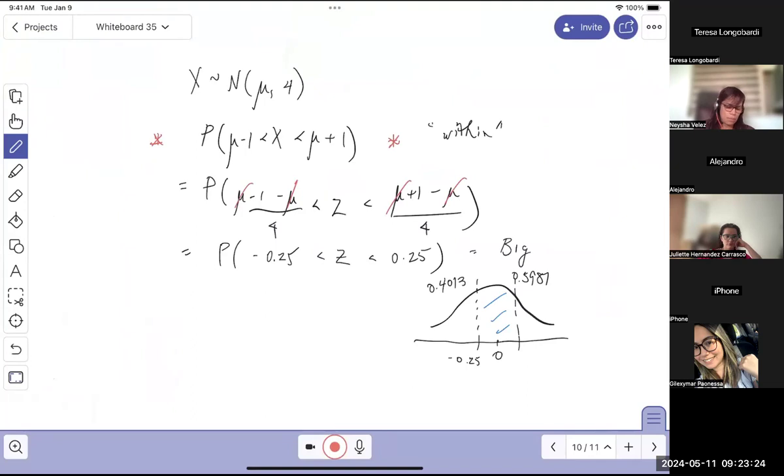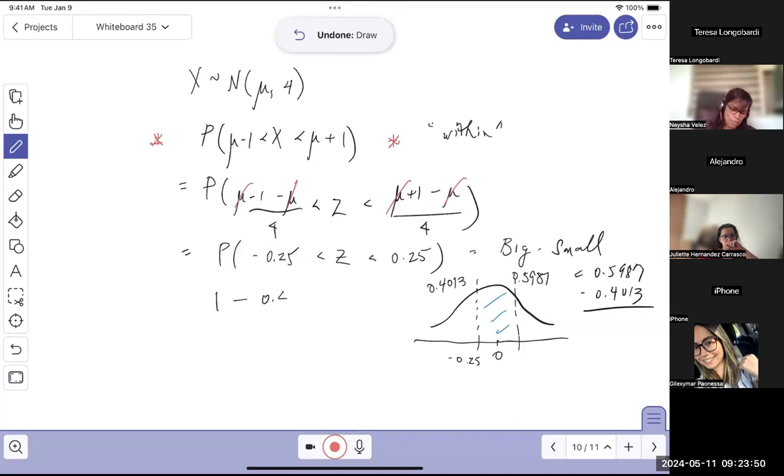You do big minus small. You get the difference. Or you can just take 1 minus 0.4013, but 2 of these, because you want the in between. That's another way to do it. Should give you the same answer.